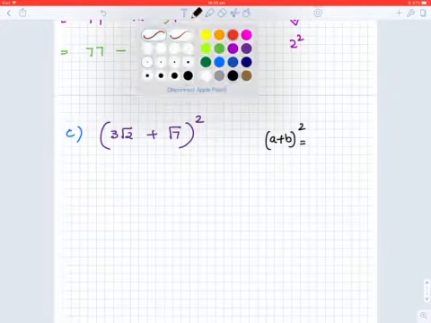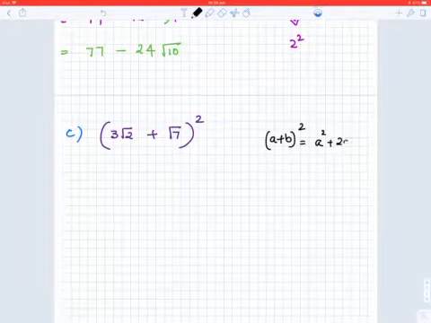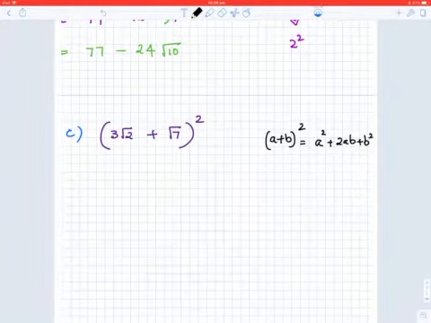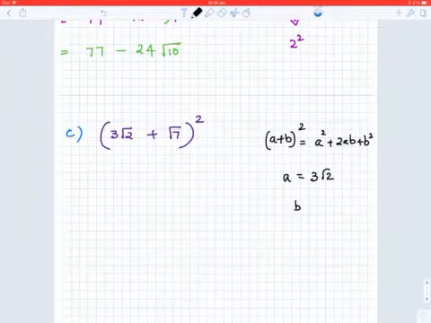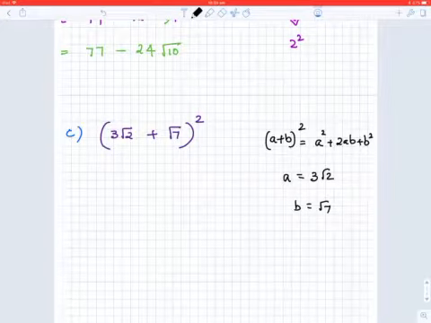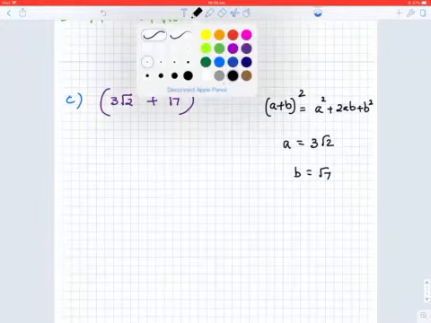I'm going to use that. So let me go to this question. Now when you compare this with that, your a is 3 root 2, your b is root 7.